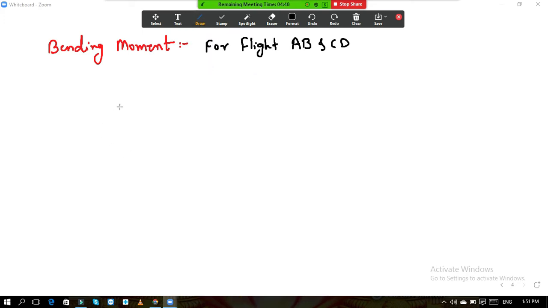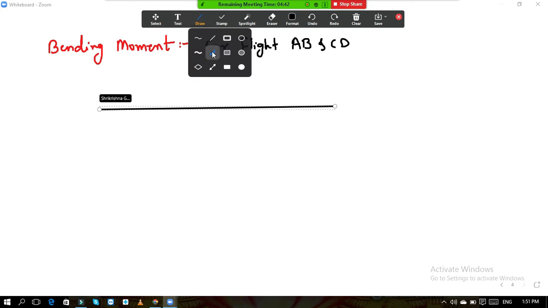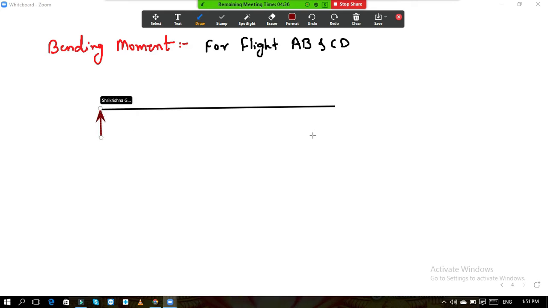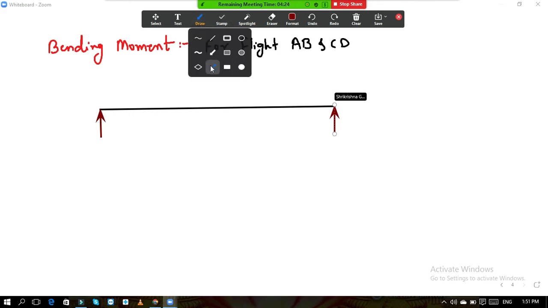So I will draw the diagram over here. This is flight, and now support. This is the support. Now you need to find out the distance.